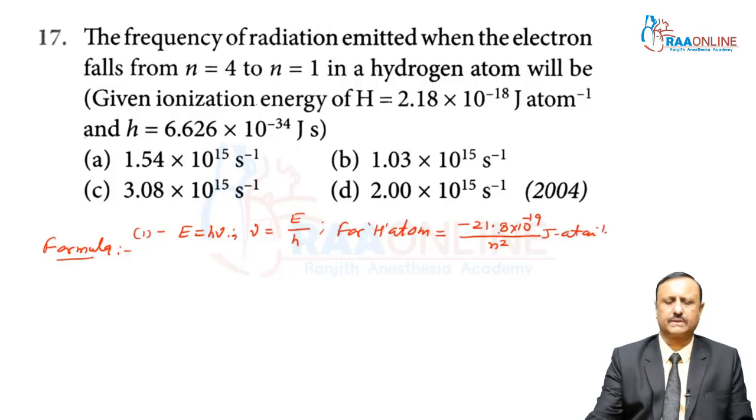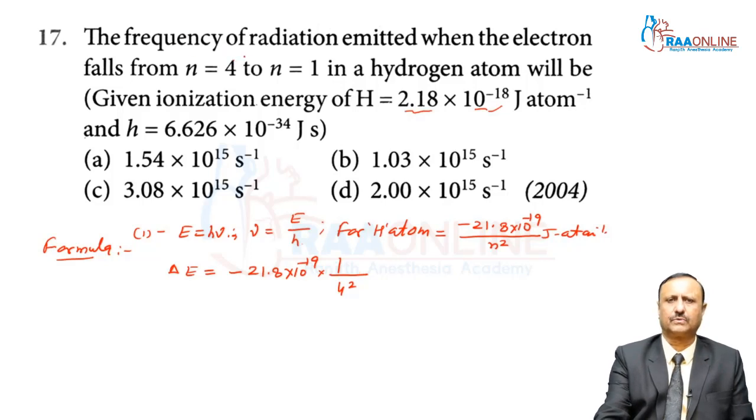Now you can see the delta E, the change in energy, is minus 21.8 into 10 to the power minus 19, or you can say 2.18 into 10 to the power minus 18, into 1 upon n1 square minus 1 upon n2 square.